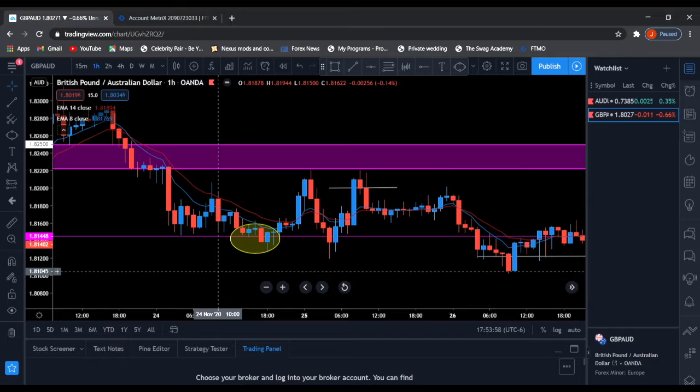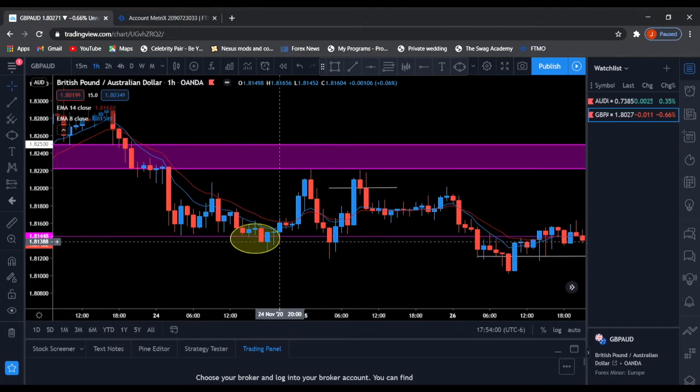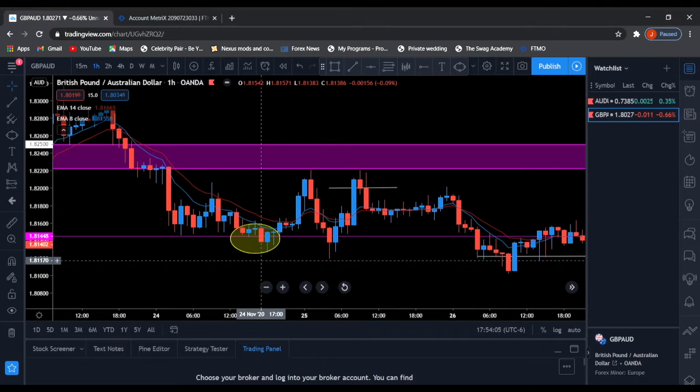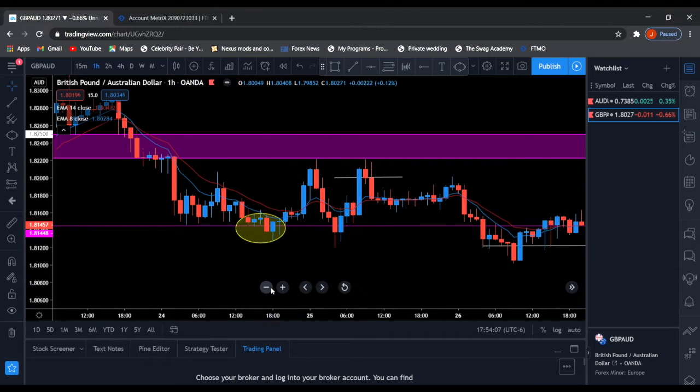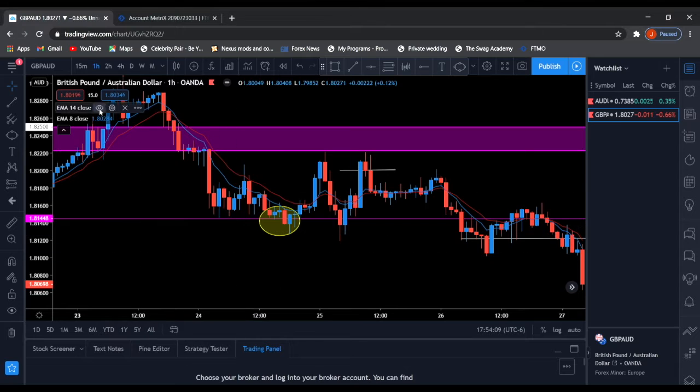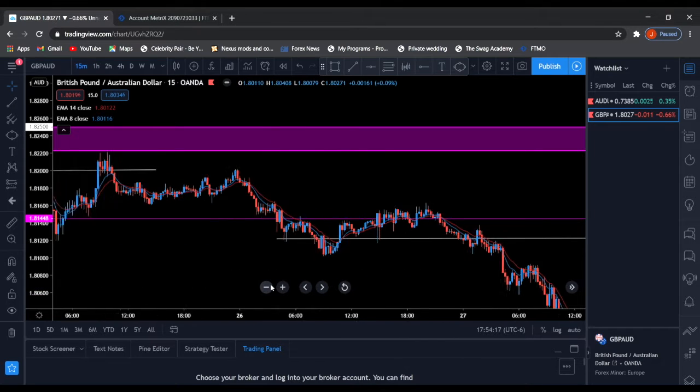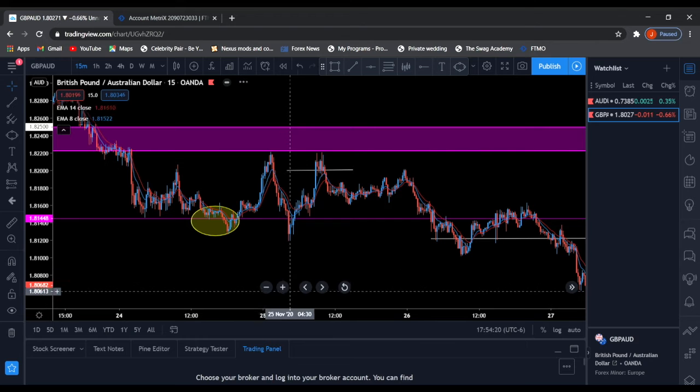And then instead of waiting for a retest on the mid level, I entered on a break of the daily level, and it broke on the daily. It broke on the 1-hour, and then I dropped down to the 15-minute chart for an entry.